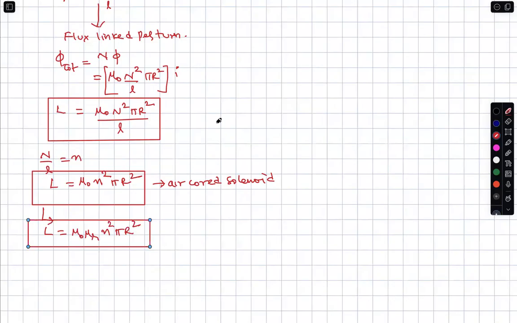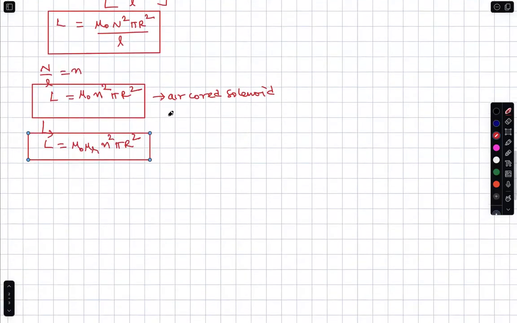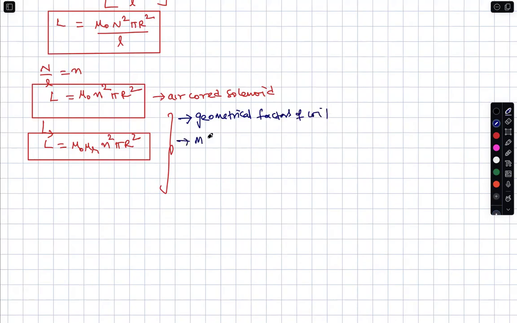Okay. So one thing that you need to understand is, it depends on geometrical factors and the medium inside the core.